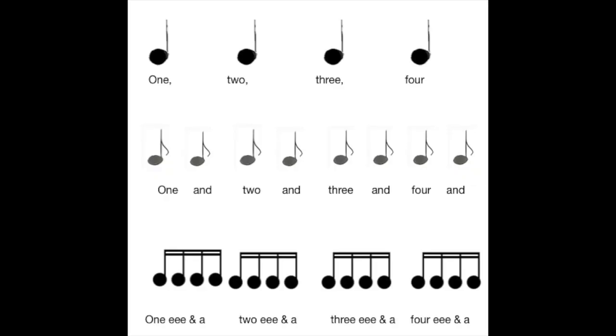Here's another way to do it. It's called 16th notes. 1 E and a 2 E and a 3 E and a 4 E and a. Pretty good, huh? 1 E and a 2 E and a 3 E and a 4 E and a 1 E and a 2, 3.